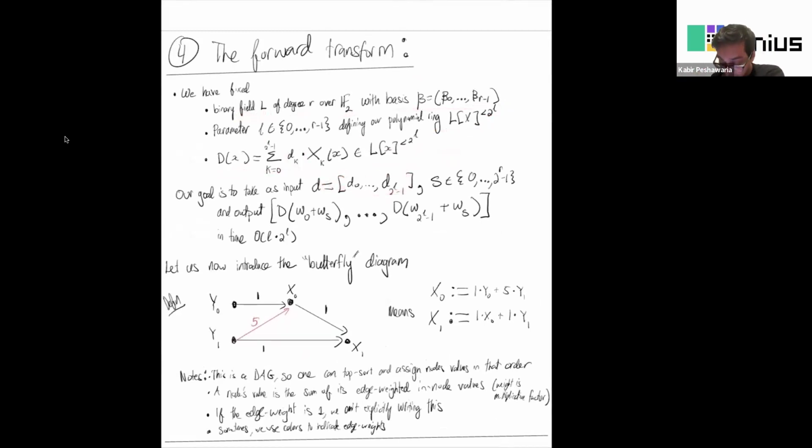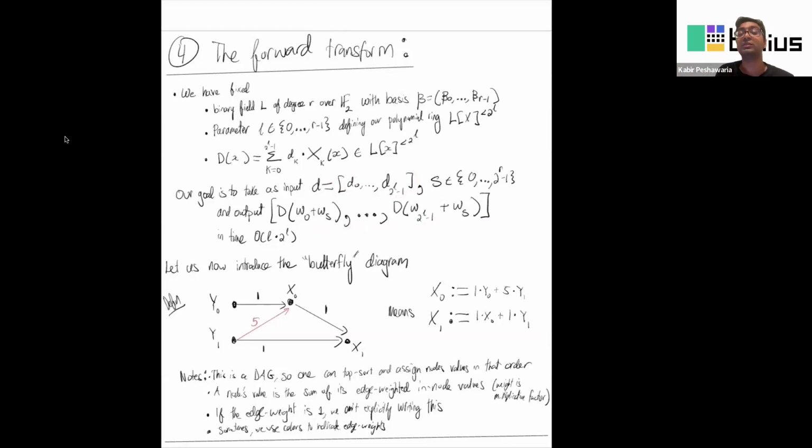Our goal is to take as input this coordinate vector and output a different coordinate vector, which really is the Lagrange basis coefficients over some domain. In English, evaluations of the polynomial in 2 to the l different places. And we want to do that in time O of l times 2 to the l.